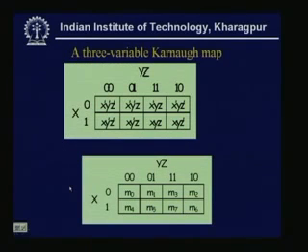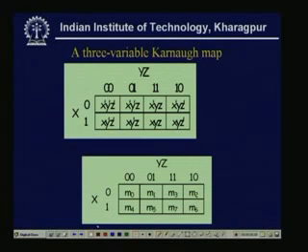Now, we see the 3 variable Karnaugh map. See that x, y, z, the function is of 3 variables, and we write it this way: f of 3 variables x, y, z. Now, as it is 3 variables, what will be the number of minterms?